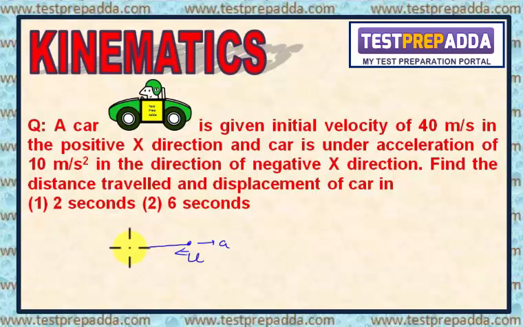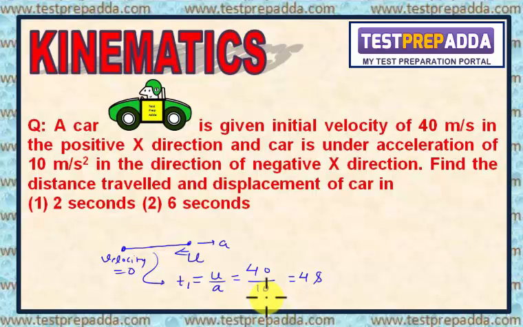Get the time t1 when the velocity of the particle becomes 0. How will you find this time t1? U by A. We have discussed this in case 3, and that comes as 40 upon 10. That means 4 seconds.